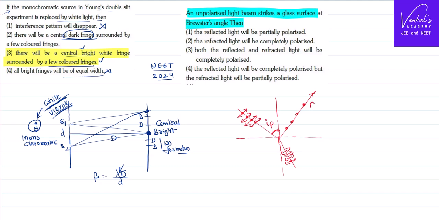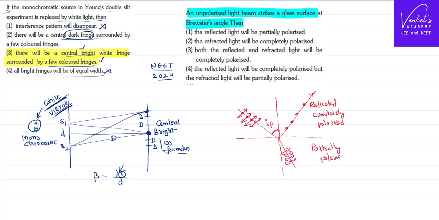That means the reflected light is completely polarized, whereas the refracted light is partially polarized.